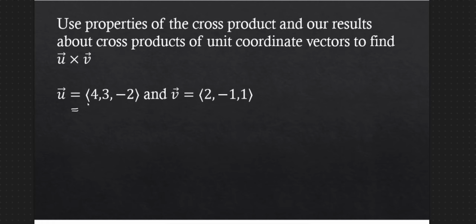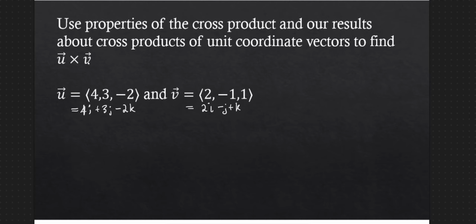This is 4 in the i direction, so that's 4i, plus 3j, positive 3j, minus 2k. So that's how we can write u as a sum or difference of these scaled unit coordinate vectors. And then we have v here, which is 2i minus j plus k.